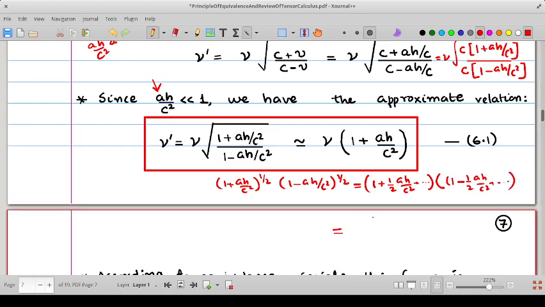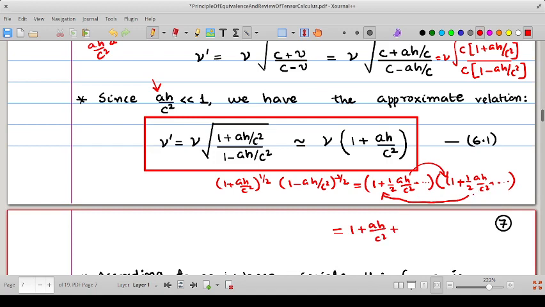Multiplying, I get 1, then this product gives half ah by c square, and this product gives another half ah by c square, and we get 1 plus ah by c square plus higher order terms.